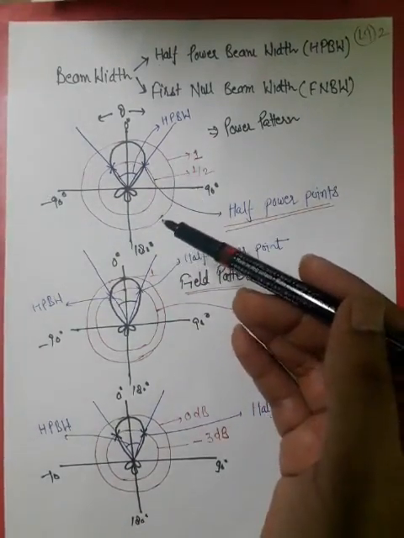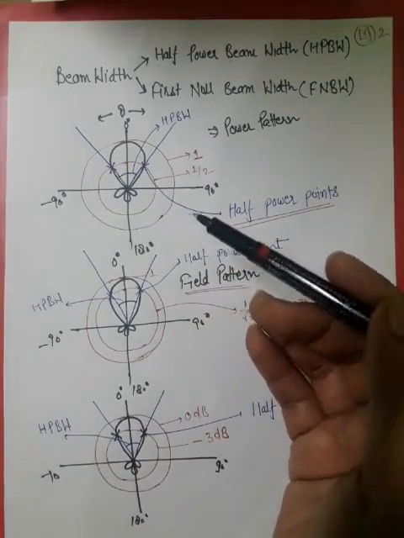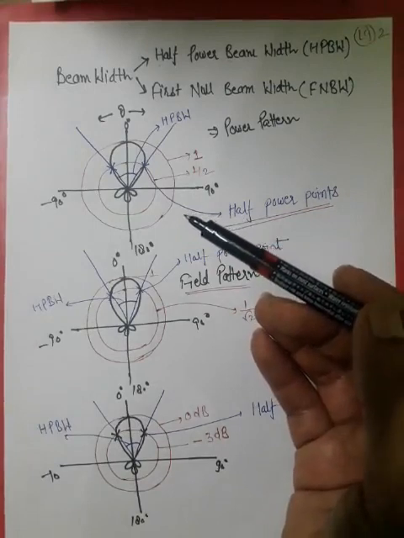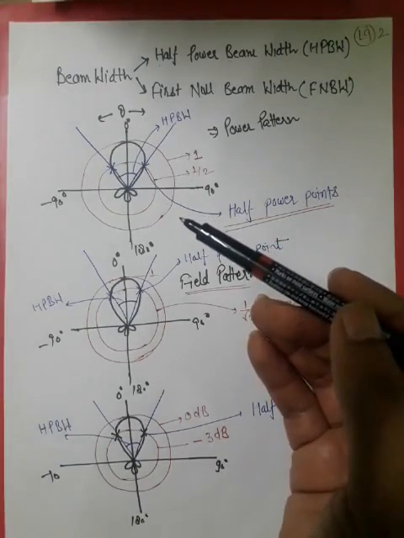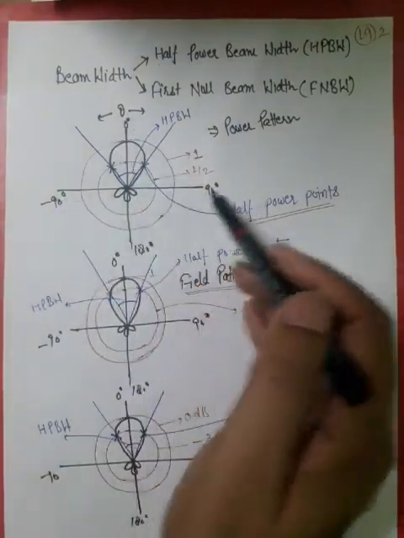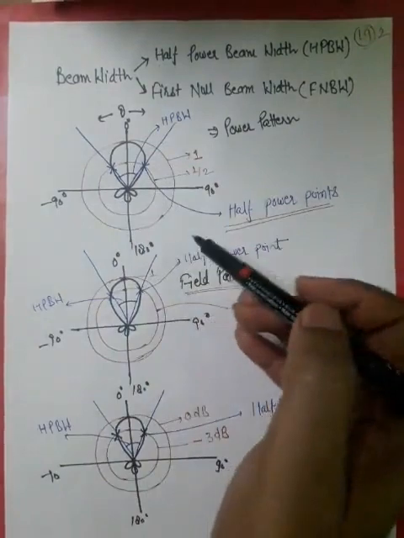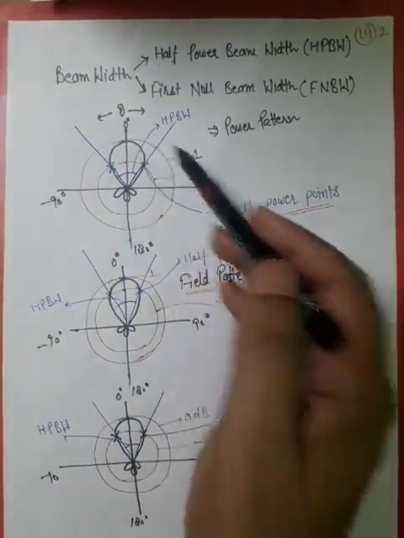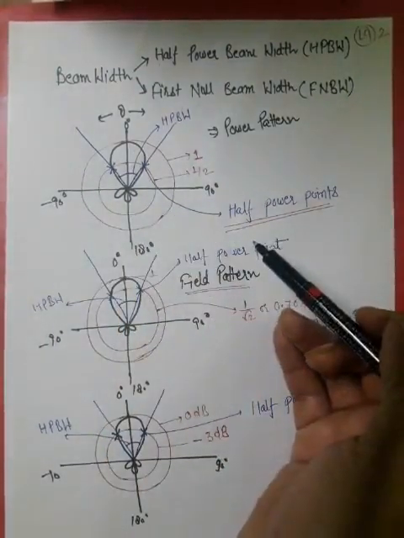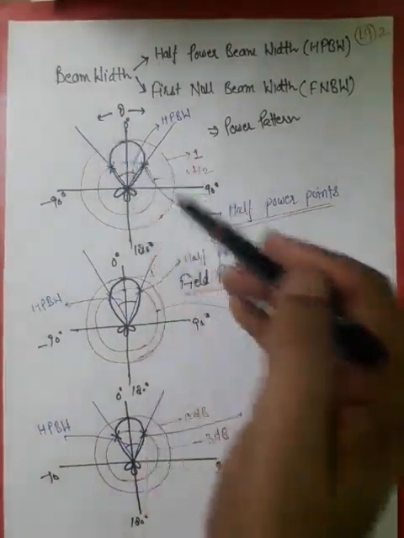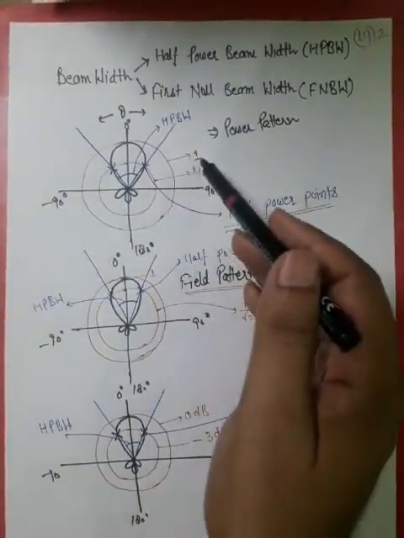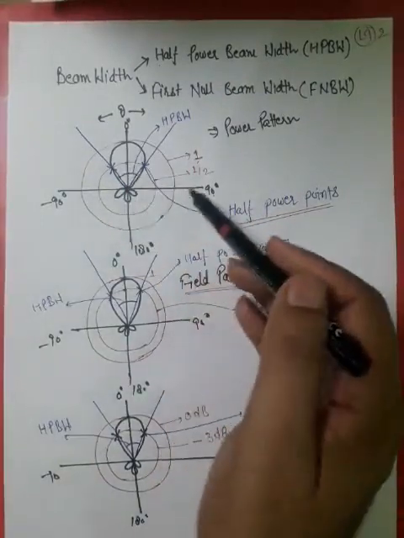This amplitude may be electric field, power, voltage, or current, depending upon the parameter in which you are deriving your relationship. The vertical axis, horizontal axis and other lines are lines of different angles: 0, 90 degree, 180 degree, minus 90 degree.